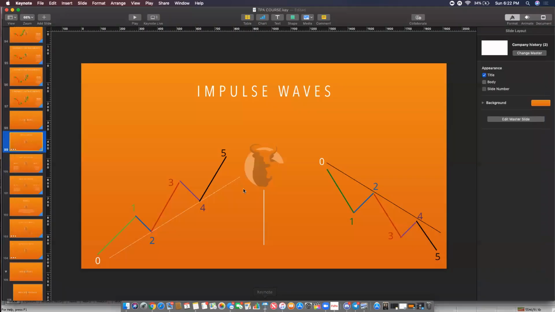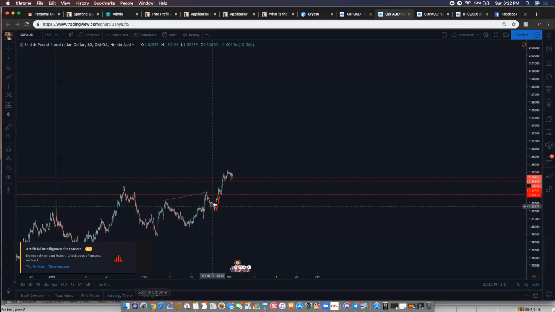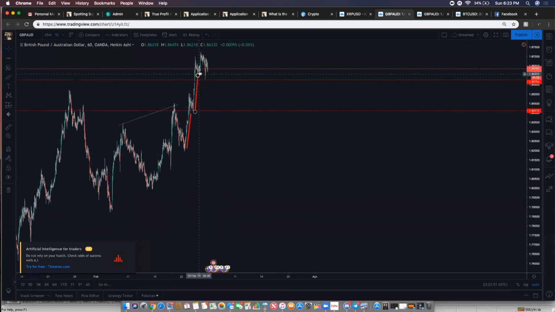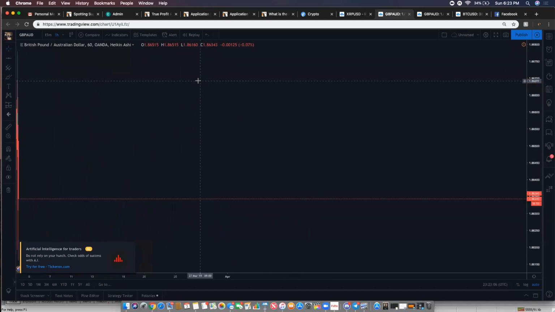Let's look at our graph. Here's the initial move. Here's the retest, right? Here's the second move after the retest. Wave 3. Then we have the next one. And then we have that last push up before the market shot down, right?